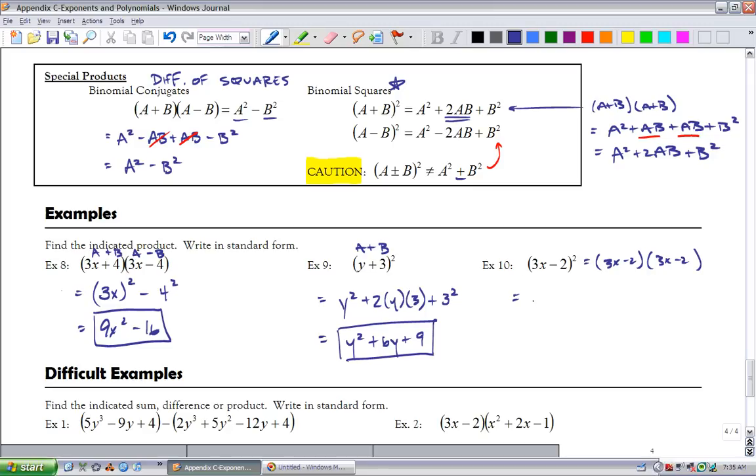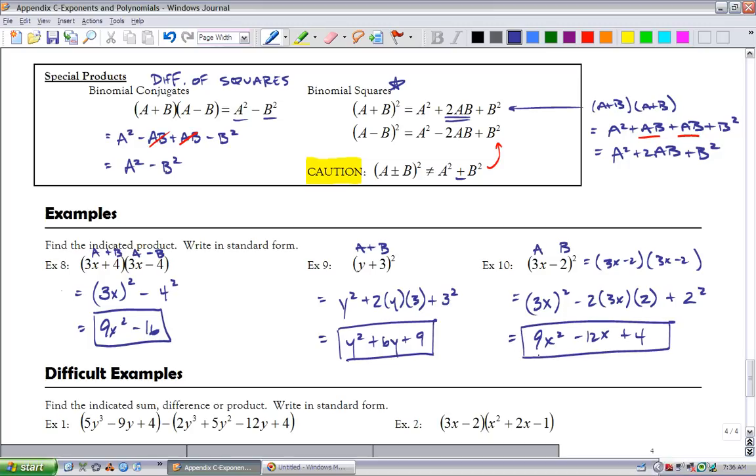So we're going to end up with 3x quantity squared, because that's what a is, minus 2 times a times b, b in this case is 2, plus b squared. Okay, which ends up with 9x squared, let's see here, minus 12x plus 4.